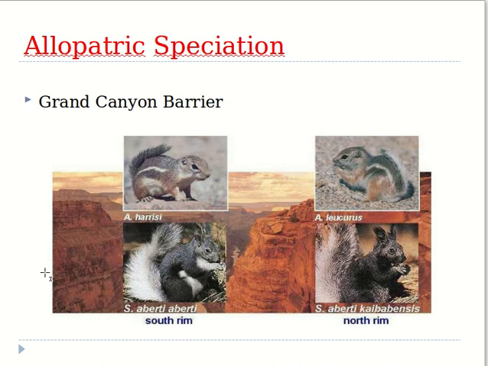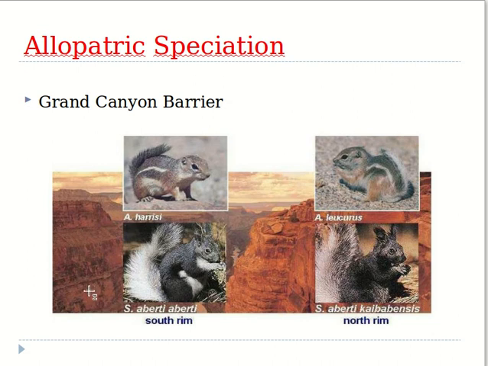So, for example, these are the different species of squirrels found in the north of the Grand Canyon. Here, all of these arose from the same species, but some are found on the northern rim and some on the southern rim.